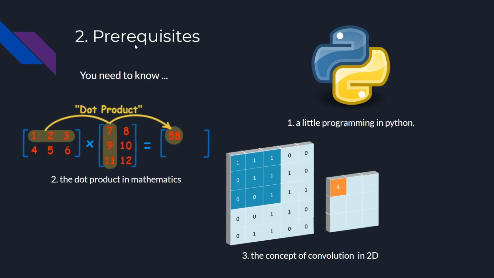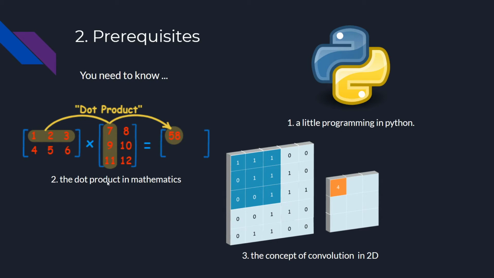So some prerequisites in knowledge that I think is good to have before getting your hands dirty with anything related to neural networks and images is a little programming experience, preferably in Python, because a lot of these neural network packages come prepped for Python. Python is the language to use for neural networks.